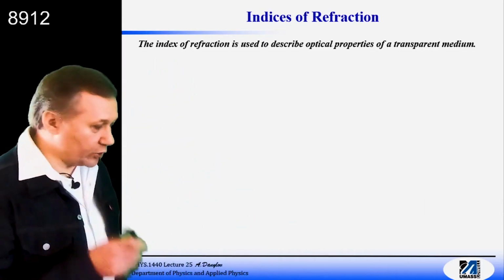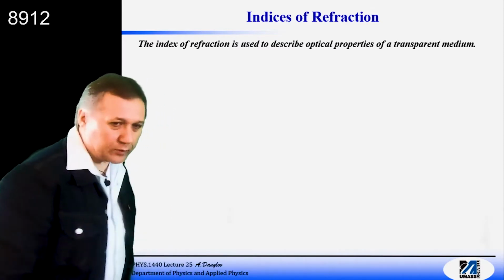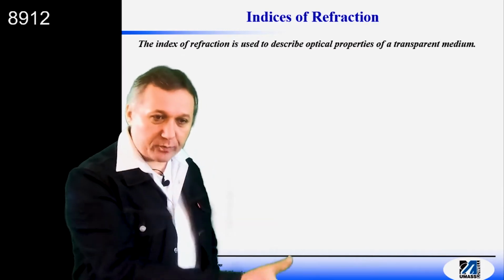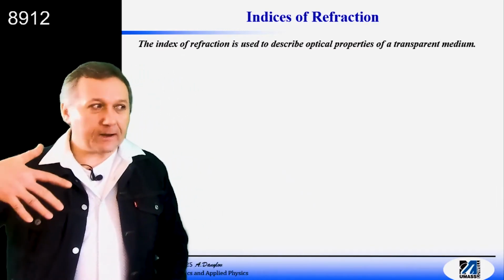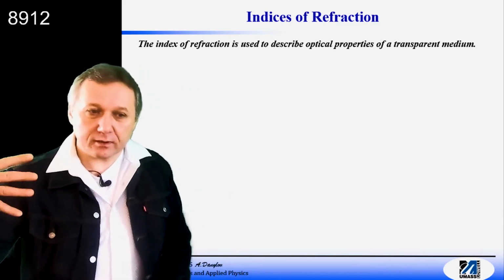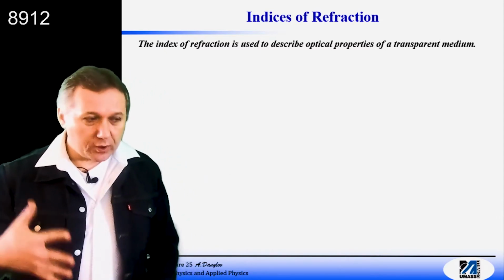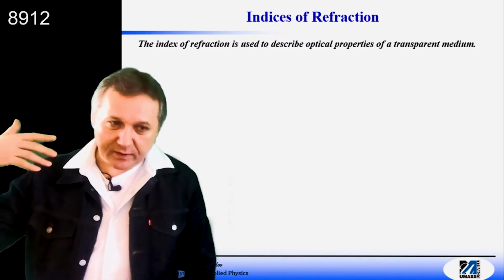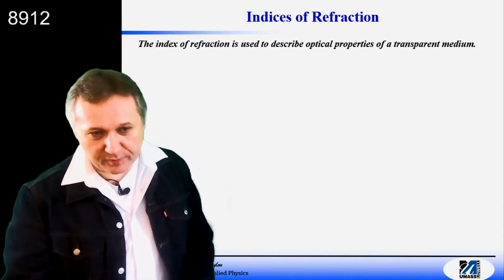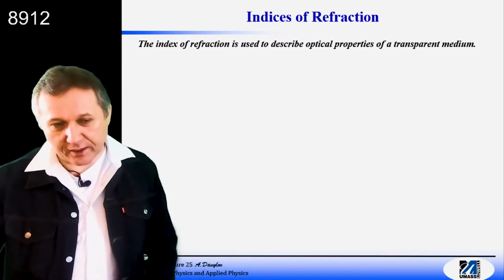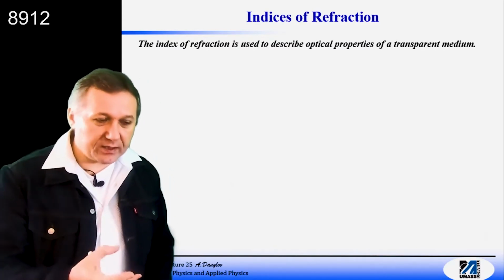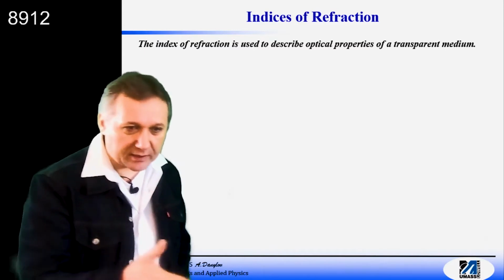First of all, we need to introduce what is called the index of refraction. When light propagates through a medium, of course it propagates differently in different media. If light propagates in a vacuum, it propagates with the largest possible speed of light, 3 times 10 to the power of 8. If light propagates in some medium, let's say air, the speed will be slightly slower.